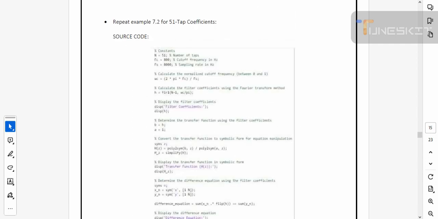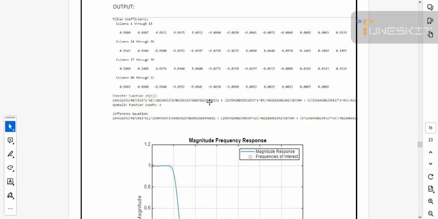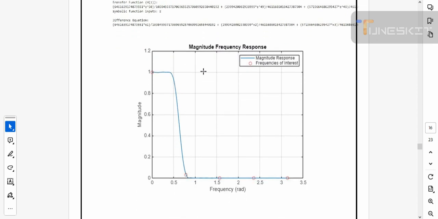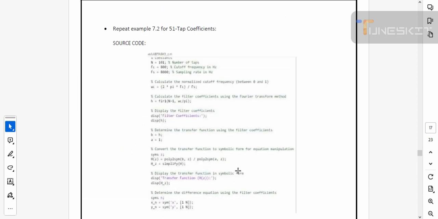in the second part, the number of tap coefficients is 51. We use the same code as above and change n to 51, and when we simulate this code, we obtain this output with 51 taps, and the magnitude frequency response is as above, and the mark command is used to plot these points, as we can see.